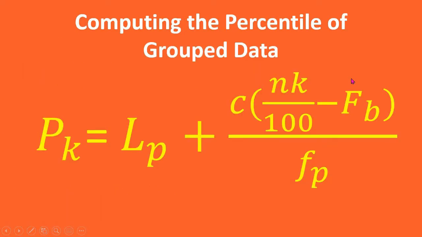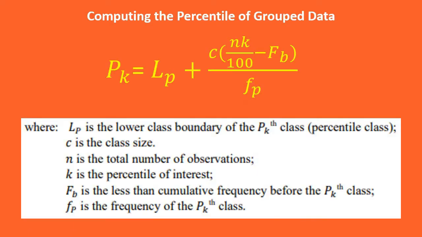Here is the formula in case we are going to compute the percentile of grouped data. P sub k is equal to L sub p plus C multiplied by the quantity nk over 100 minus F sub b, all over F sub p. Let us have the meaning of each symbol given in the formula.